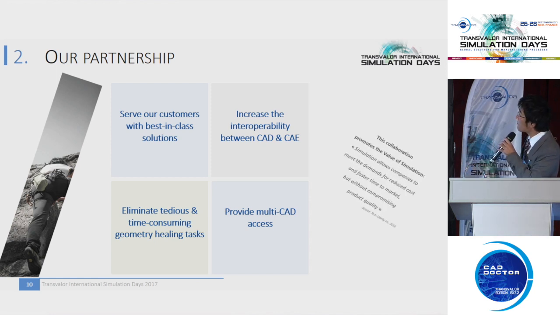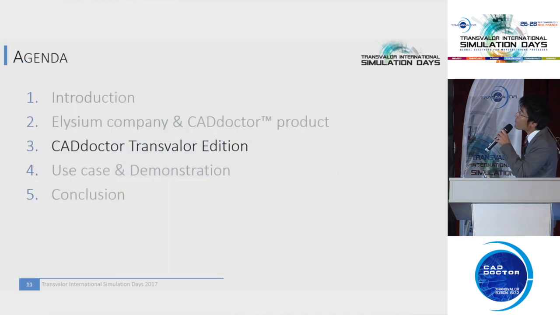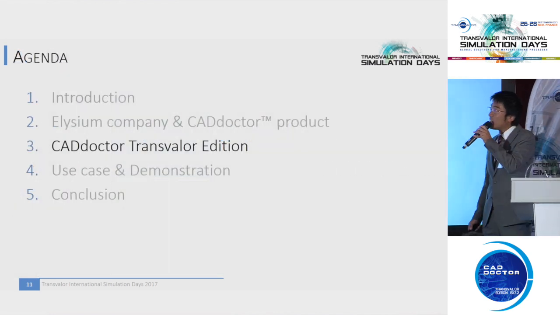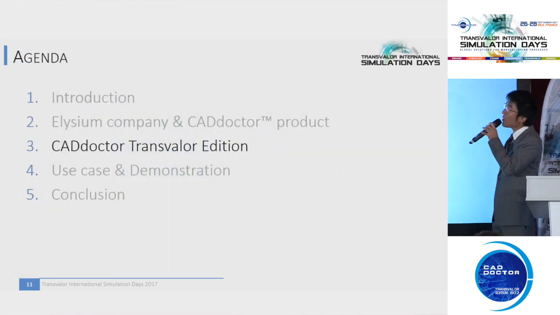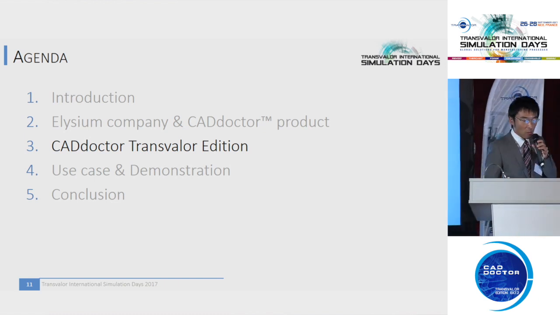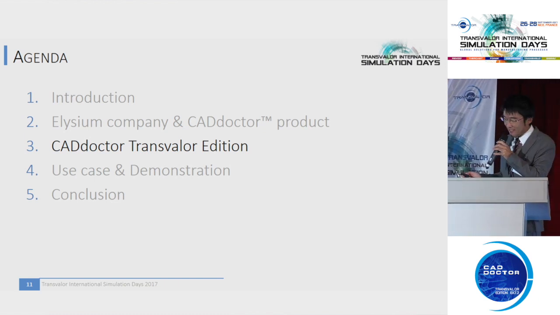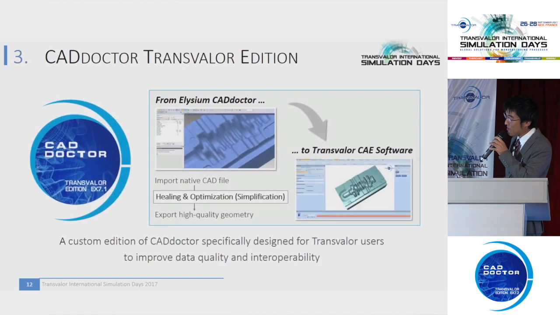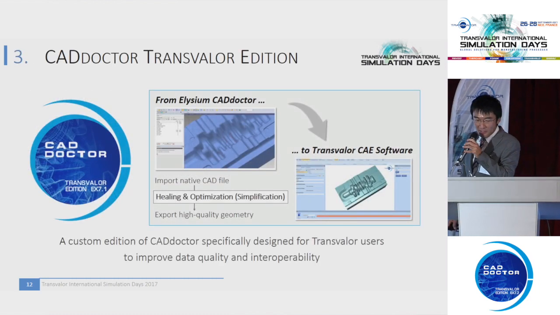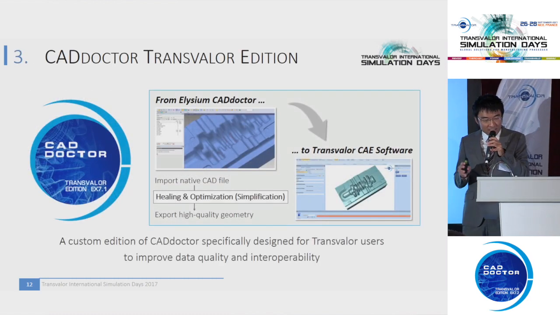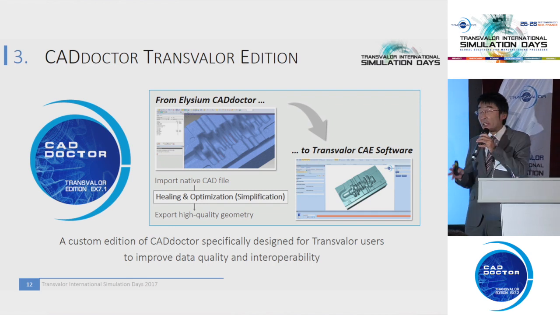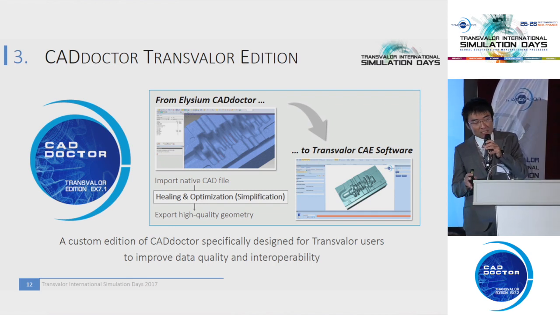Okay, next. So next is the CADdoctor Transvalor Edition. So let me explain what the CADdoctor Transvalor Edition is. CADdoctor Transvalor Edition is a kind of custom edition or tailored version of Elysium CADdoctor for the Transvalor customers.